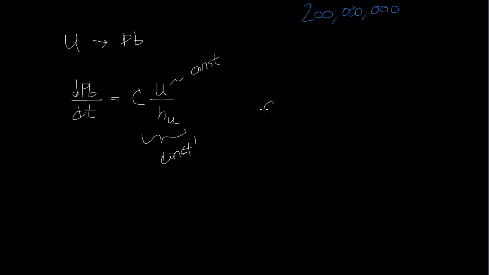And then we could integrate this, and we'd end up with an expression that says T is equal to the half-life of uranium over C times the ratio of lead to uranium. So this is analogous to what I did before.